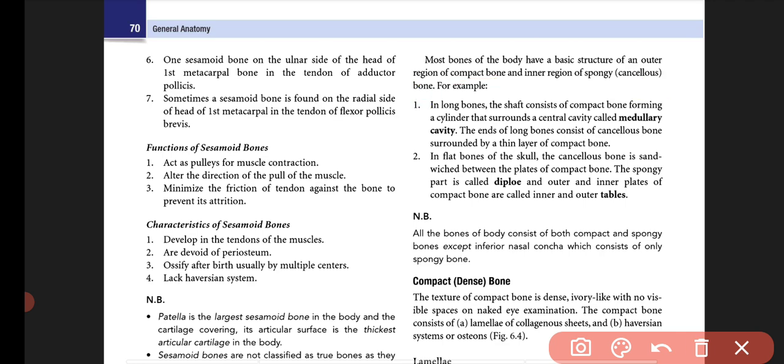In long bones, the shaft consists of compact bone forming a cylinder that surrounds a central cavity called the medullary cavity.